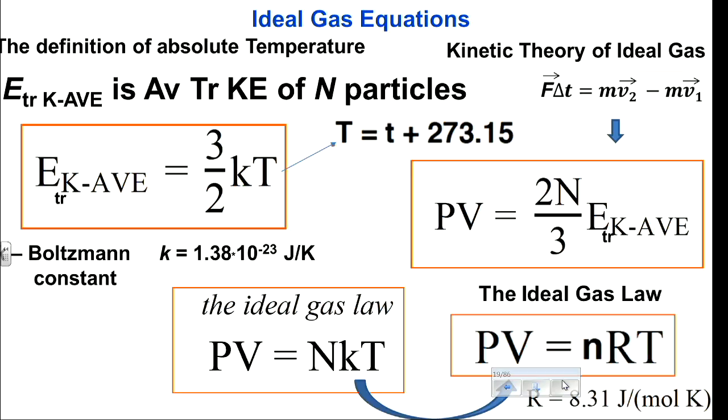One particle bounces off a wall and exerts a certain force, multiplied by the number of particles, etc., and you get this equation. This equation relates the pressure exerted by a gas, the volume of the container, the average kinetic energy of a single particle, and the number of particles.